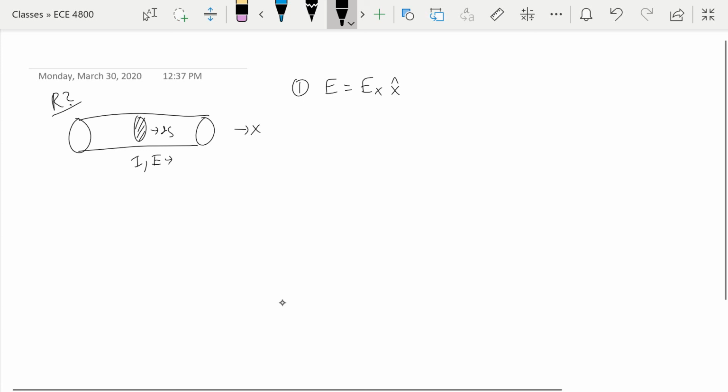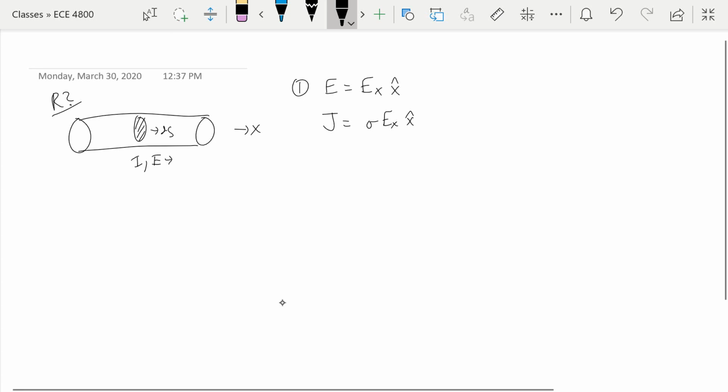And the current density J is going to be sigma times E_x times x hat, just from the definition that current density is equal to the conductivity times the electric field.